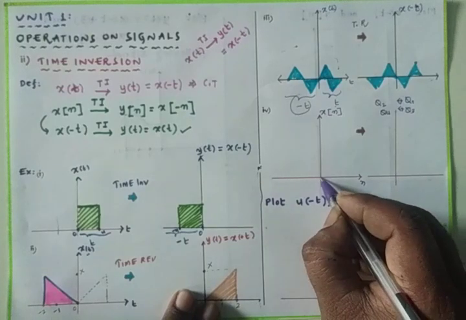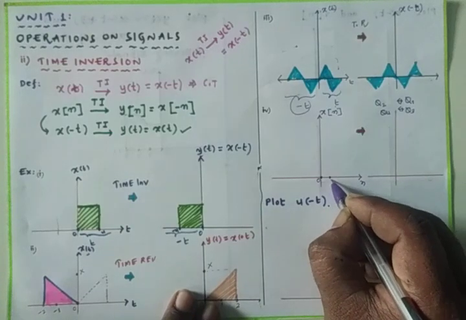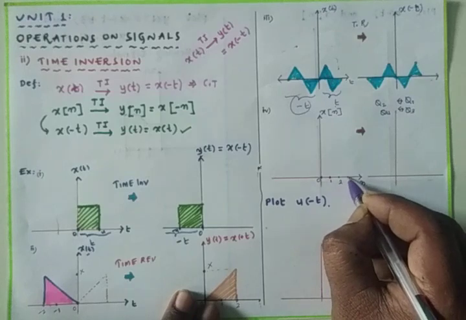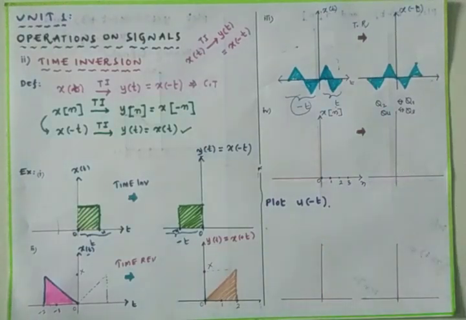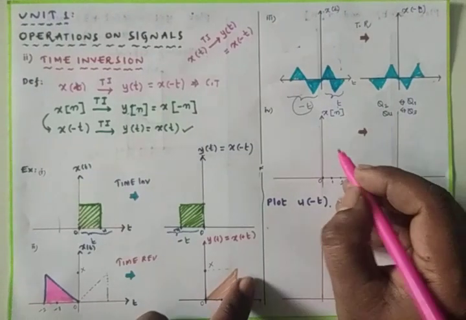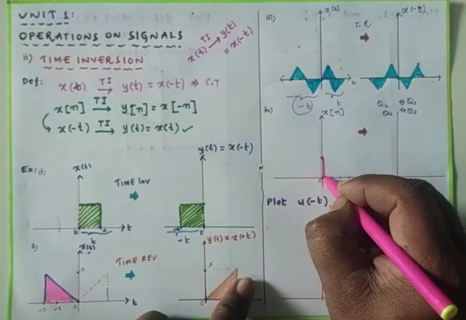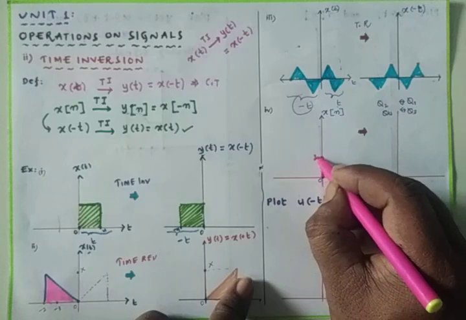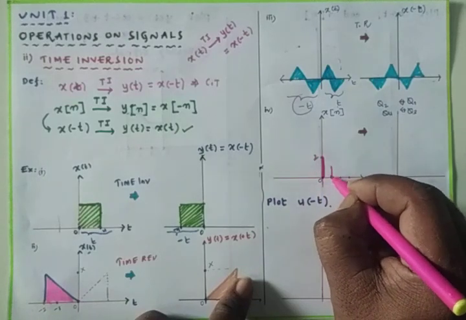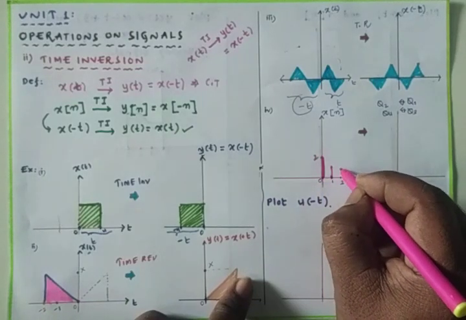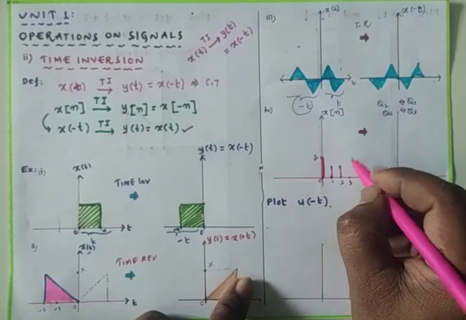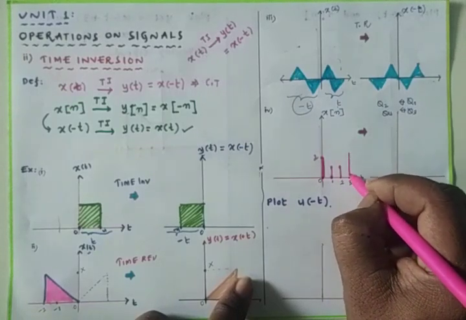Now I am having the signal at 0, 1, 2 and 3. At 0 the signal amplitude is 2. At 1 it is 1 again. At 2 again it is 2. And at 3 it is 2. Assume that.